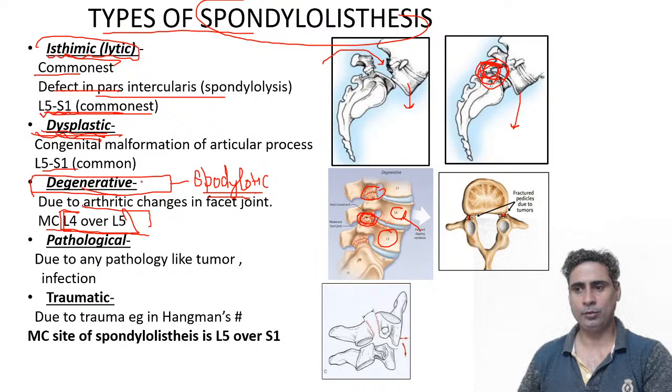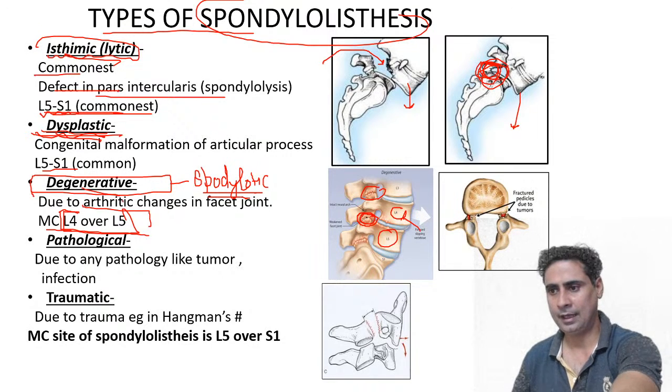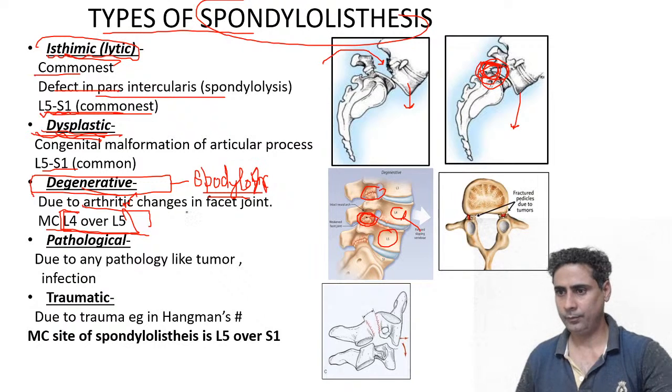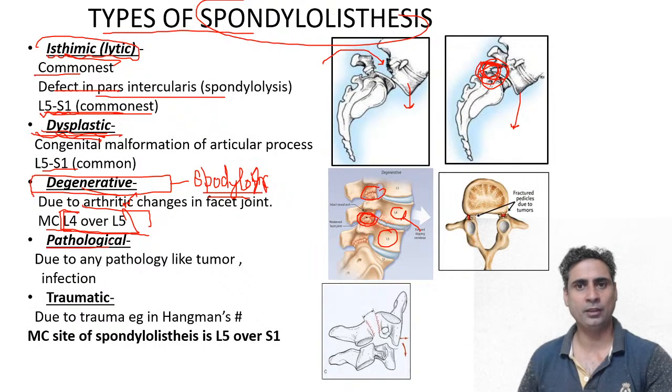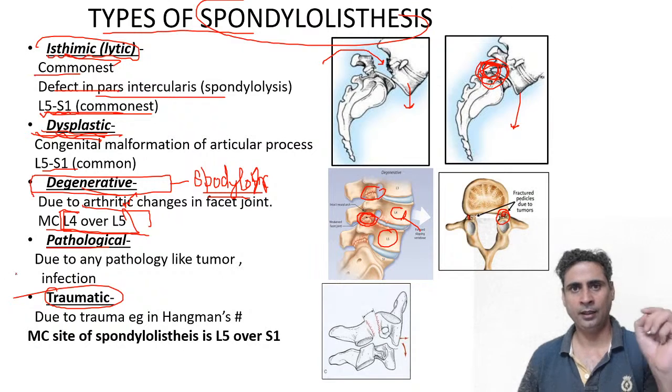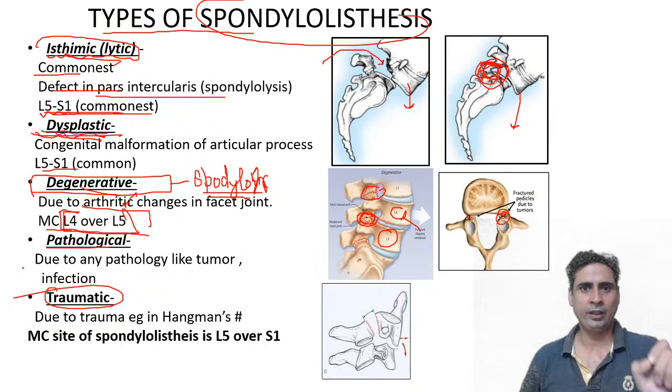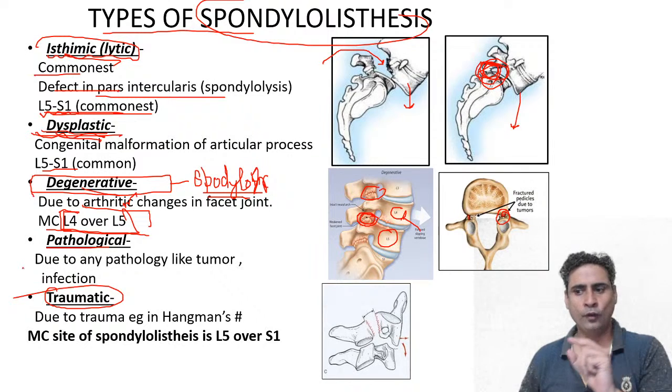Other causes or types of spondylolisthesis are pathological, where some pathological process like inflammation or bone tumor will cause destruction of the isthmus leading to spondylolisthesis, or traumatic. The classical example is hangman's fracture, where there is a break in the pars interarticularis of C2 axis with spondylolisthesis of C2 over C3.